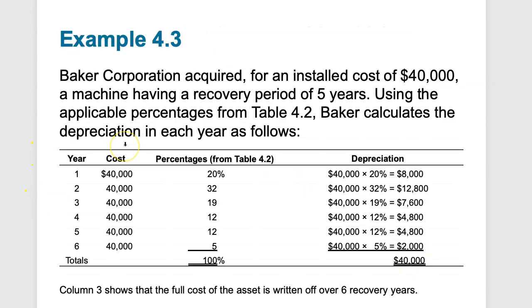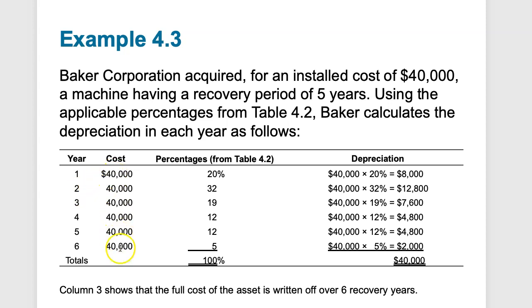So if we have that cost of the asset for $40,000, when we lay this out, the depreciation base is going to be $40,000 every year. That never changes. A lot of students have this intuition where if I depreciated $8,000 last year, year 2 should start off at $32,000. No, you don't deduct the value of the initial asset.